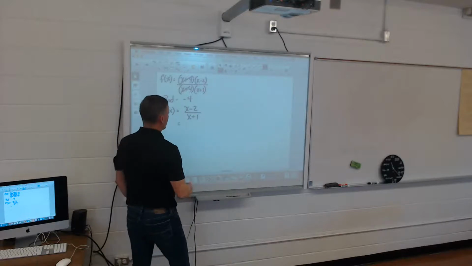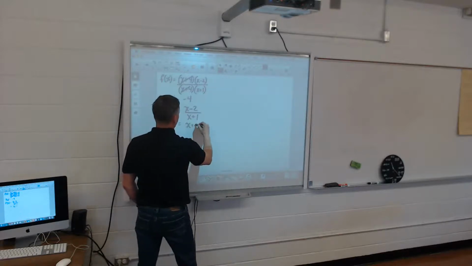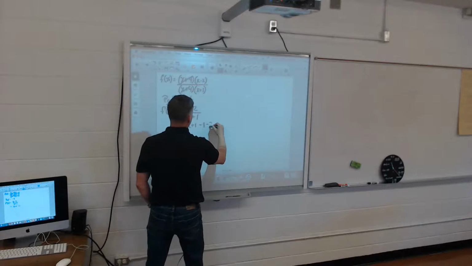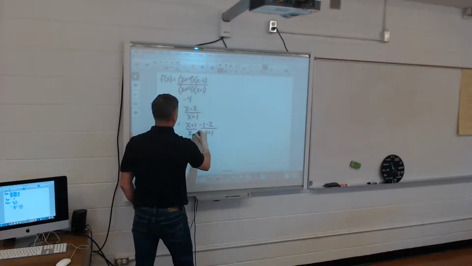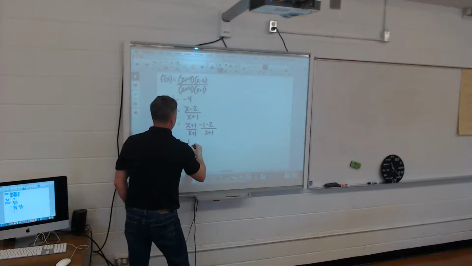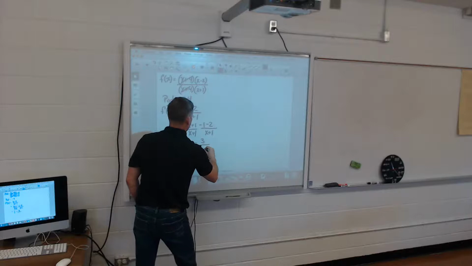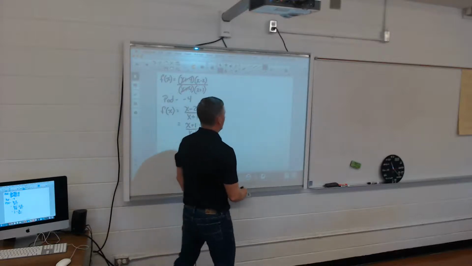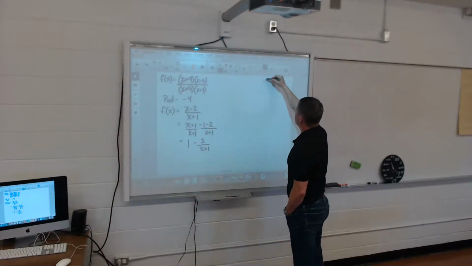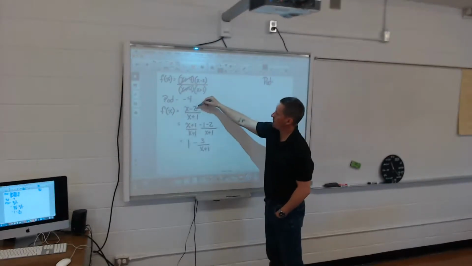Rewrite that equation out: x plus 1 minus 1 subtract 2 over x add 1. That leaves me with 1 minus 3 over x plus 1. So, first things first, point of discontinuity. Put -4 in here.